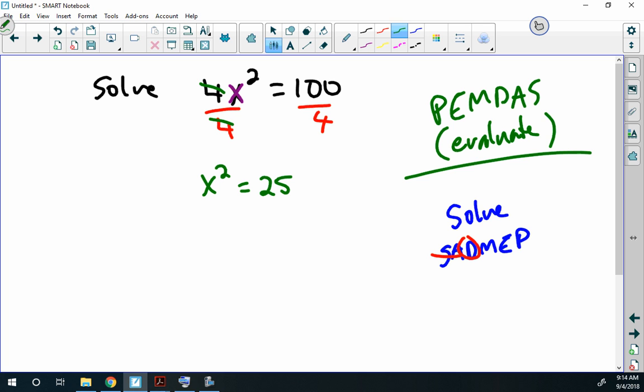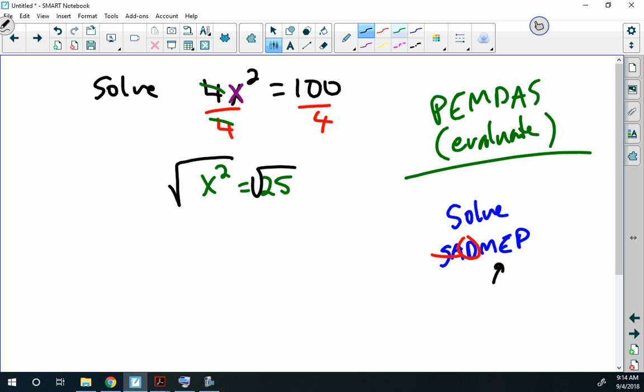All right? So then we say, okay, is there any multiplying? No. Are there any exponents to handle? Yes. How do I get rid of squaring something? Square root it. So when we do this, we need to go ahead and take the square root of this, and we take the square root of this.